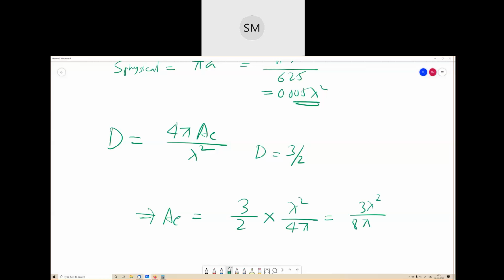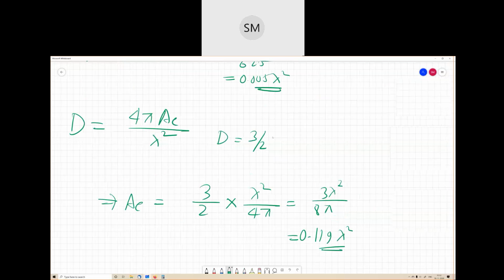So this will be 3 divided by 8 into 3.142, which is equal to 0.119 lambda square.